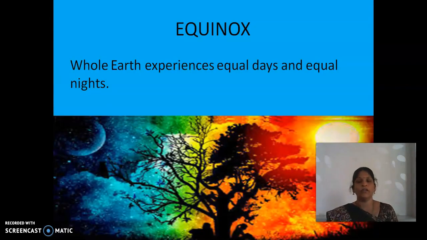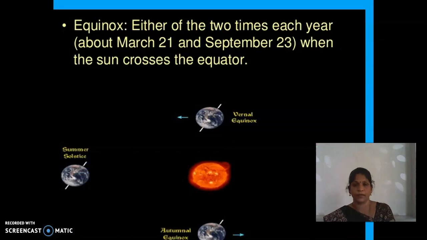Equinox means the whole earth experiences equal days and equal nights. Okay, that's called equinox. In the equinox time, the earth does not tilt towards the sun. That means the poles, okay, the equator part receives the direct sunlight. Twice each year, the sun crosses the equator: March 21 and September 23.